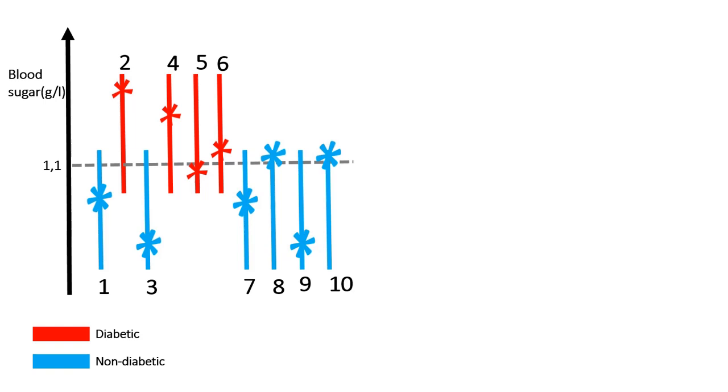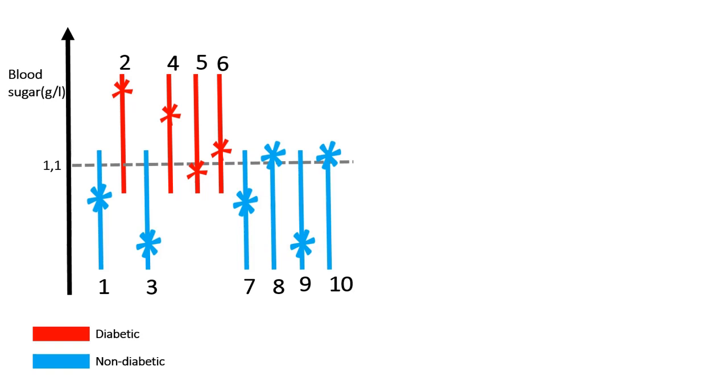Subject number 3, the same, we will not include him. Subject number 7, we will not include him. However, subject number 2 will be included, because the blood sugar level is very high, higher than 1.1. Subject number 4 will be included. However, subject number 5 will not be included. Why?